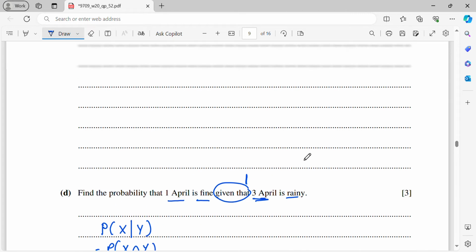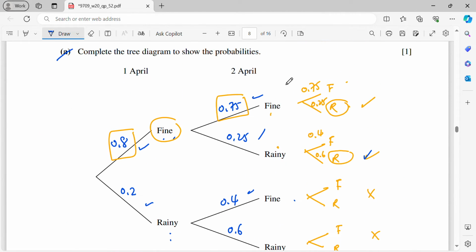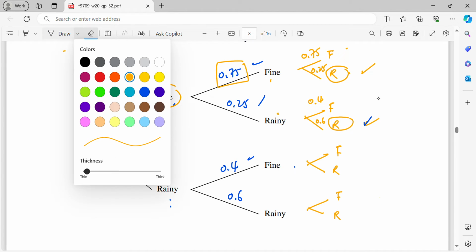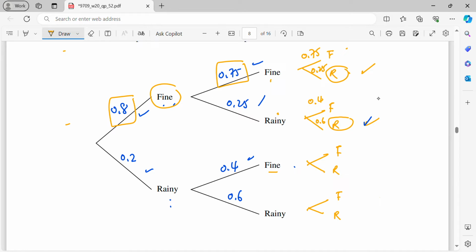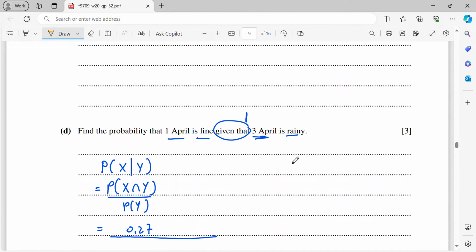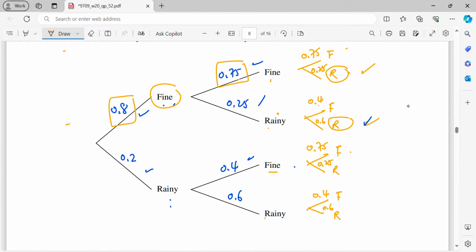So if 3rd April is a rainy day, then you have to consider, now I have to check here. This is the 3rd April. So now I have to complete these two branches. So from here, fine 0.75, fine, so here 0.25 rainy, and fine 0.4, then here 0.6. And now it's mentioned the 3rd April is a rainy day, which means now I have to add two more. So just multiply.